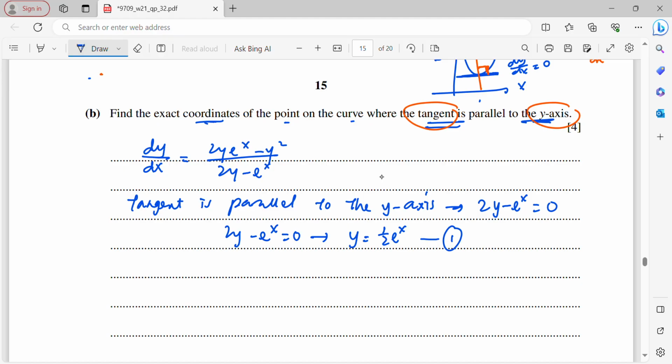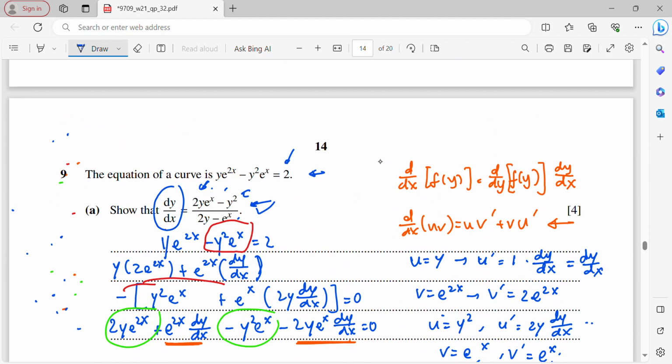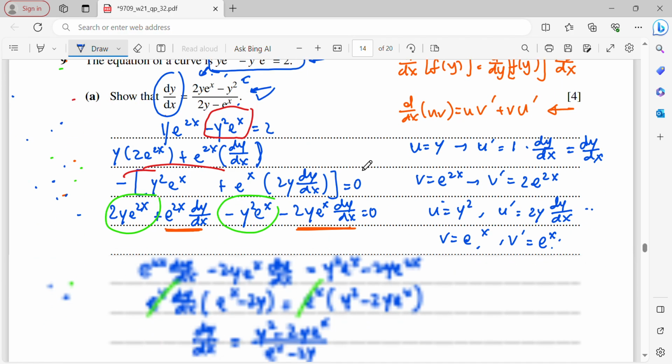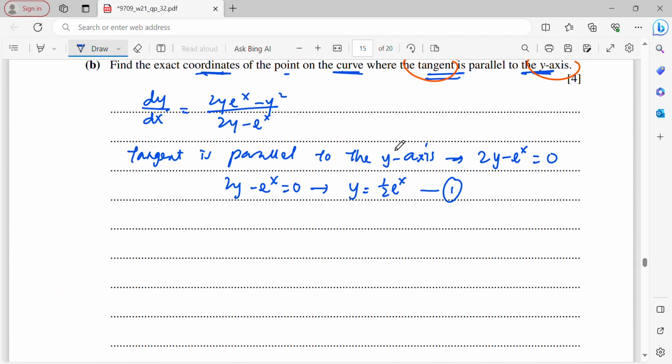Because now you need to find the exact coordinates of the points on the curve. Right? So which means now I need to refer to the curve equation. So go back to the original question. The curve equation is this. This will be my second equation. Then it will be intersecting. So I will just copy the curve equation, which is y e^x minus y squared e^x equals to 2.